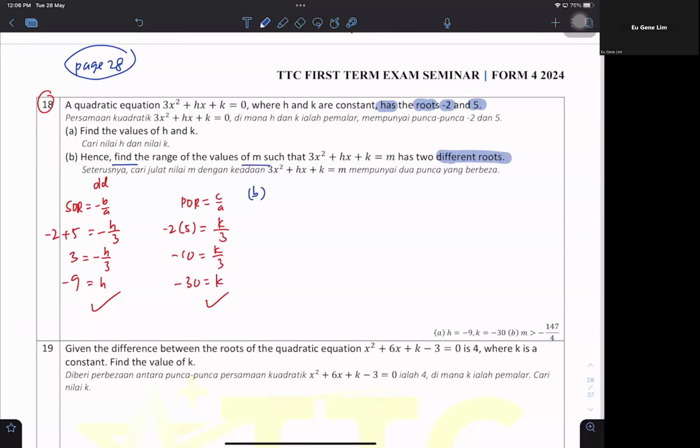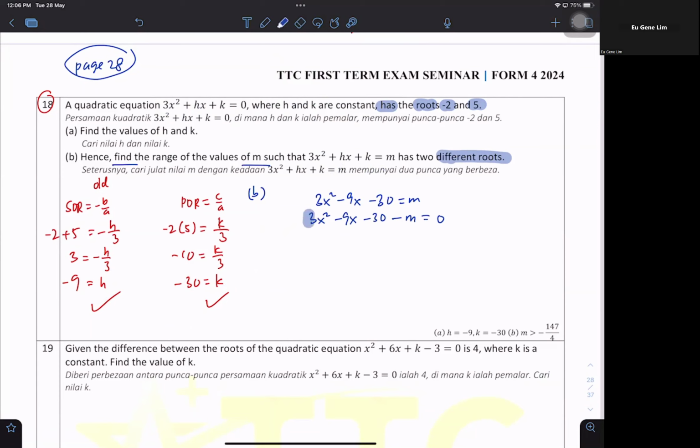Okay, good. You just substitute the h and the k into the equation. h is -9, k is -30, equals m. Bring over the m: minus m equals 0. So what is the a?